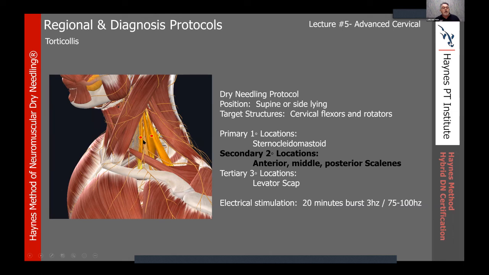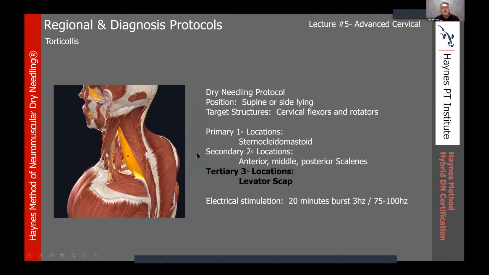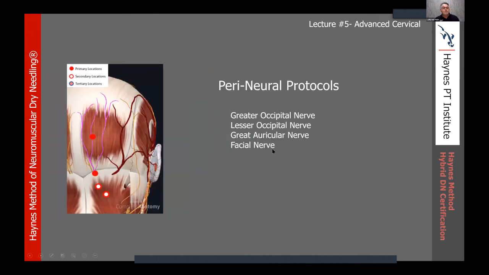Probably less of a player, more so with SCM. But in case we don't get the response from SCM, we can definitely get into the scalenes to make our change there. And tertiary, let's go ahead and get levator scap. Probably not as involved as SCM, but if we don't get the response, then we can get to those.